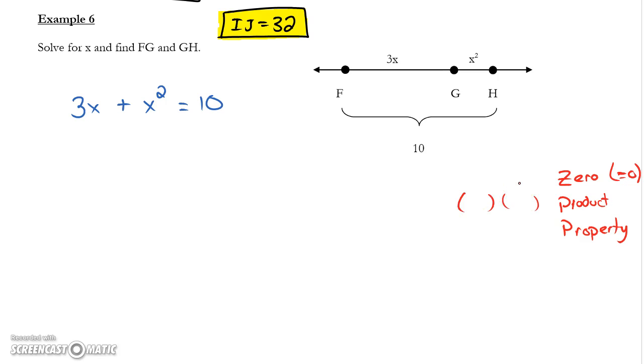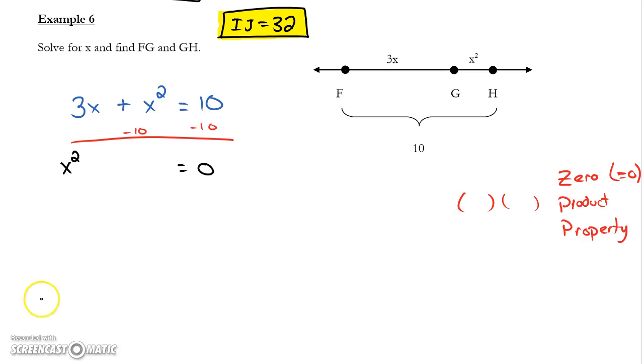So first thing I need to do here is make this equal to 0. I'm going to subtract 10 from both sides. That guarantees that the equation equals 0. Before I go and just write everything down on the left, keep in mind we need this in standard form. That means my x squared term must come first. I have a positive x squared.